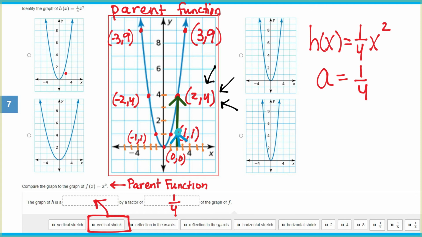In the second graph, 2, 1 is right here, and our graph doesn't go through that point. Underneath it, 2, 1 is here, and our graph doesn't go through that point. But on this side, 2, 1 is here, and our parabola does pass through that point. So the graph of h of x equals 1/4 x squared is this graph right here.